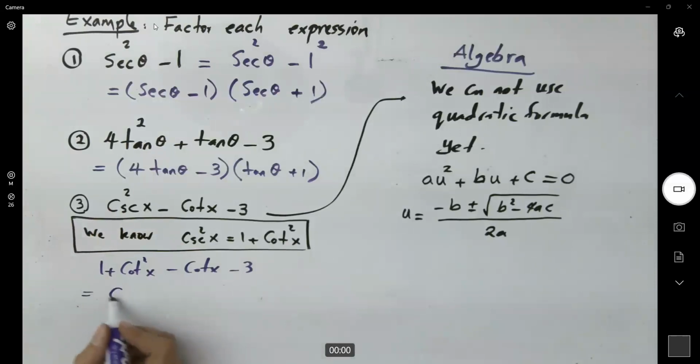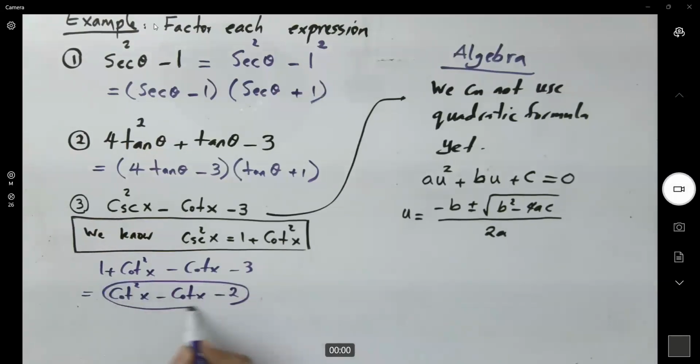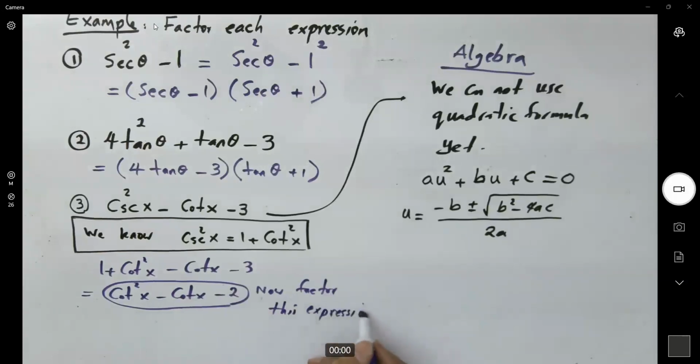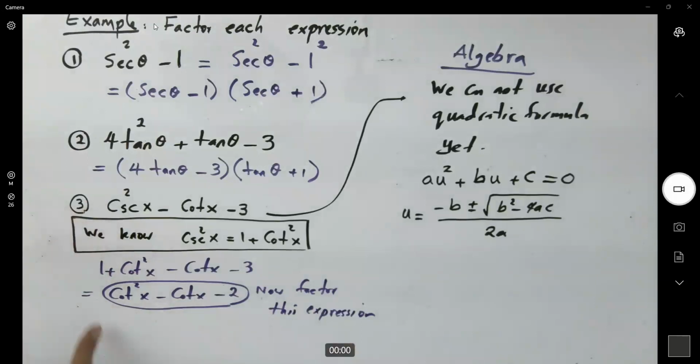This becomes cotangent squared of x minus cotangent of x minus 2. Well, now factor this expression. This expression is equivalent to the previous one. They are the same thing, another representation.